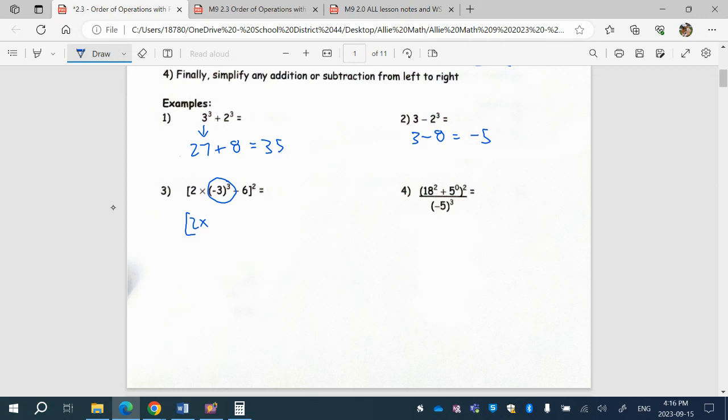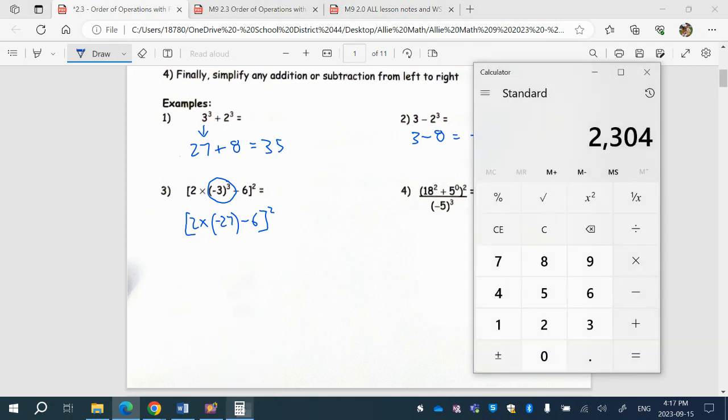So let's start by simplifying this exponent. So we have negative 3 in brackets to the power of 3. So this is going to be negative 3 times negative 3 times negative 3, which I know to be negative 27. And then we subtract 6. That's still all squared. Now we need to do the multiplication first before we do the subtraction.